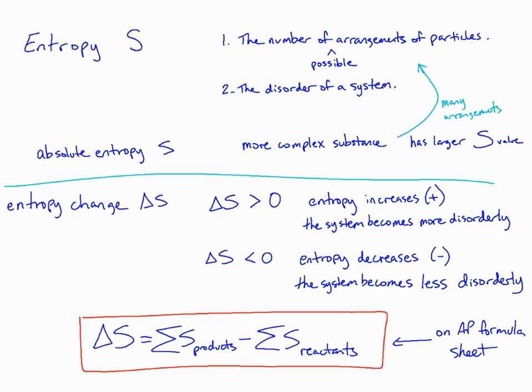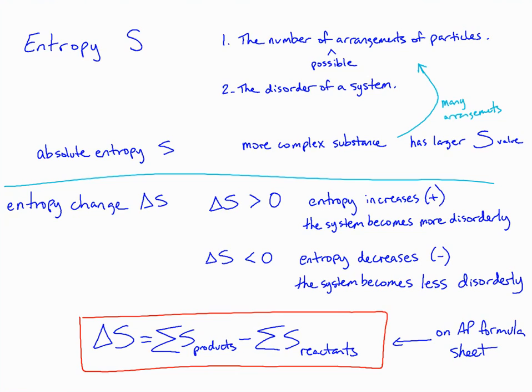So entropy is denoted by the symbol S, capital S. There's a couple definitions, and maybe more if you look on the internet. One definition, in the notes it says the number of arrangements of particles. And I added the word possible: the number of possible arrangements of particles.